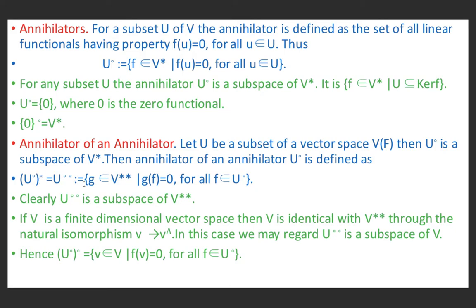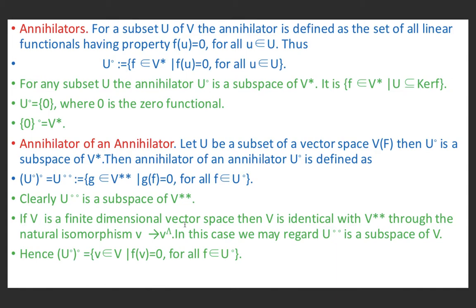U double dot is equal to G belonging to V double star, the second dual of V, such that G of f is equal to 0 for all f belonging to the annihilator of U, which we denote by U dot. Clearly, U double dot is a subspace of V double star, meaning the second dual space. The annihilator of an annihilator is a subspace of the second dual space of vector space V.